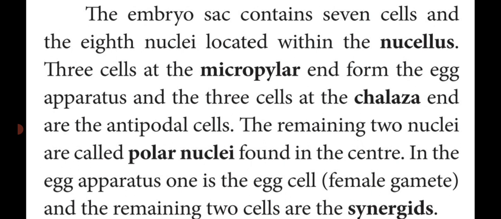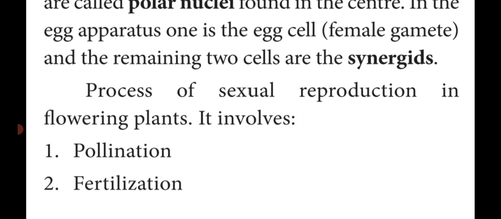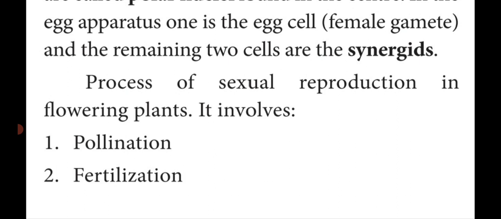In higher plants, sexual reproduction takes place in two steps. This is also important. Name the process involved in sexual reproduction. It is a book back question also. One is pollination, another one is fertilization.